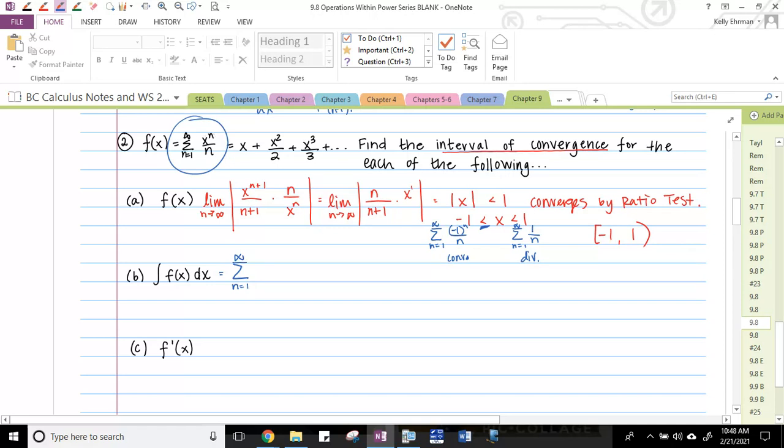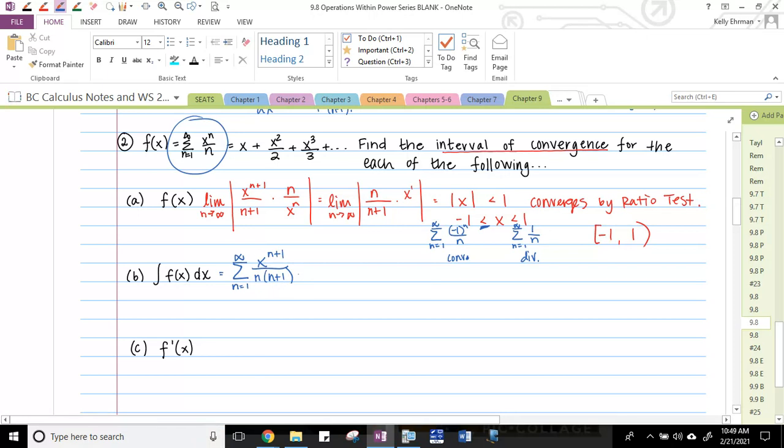For integrals, I take whatever the exponent is, I add 1 to it, and I divide by that new plus 1 exponent. So this would become x to the n plus 1 over, there's already an n down there, so n times n plus 1. Now you can make that n squared plus n if you want to. I'm just going to leave it like this.